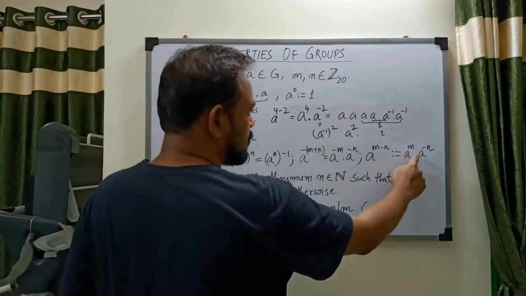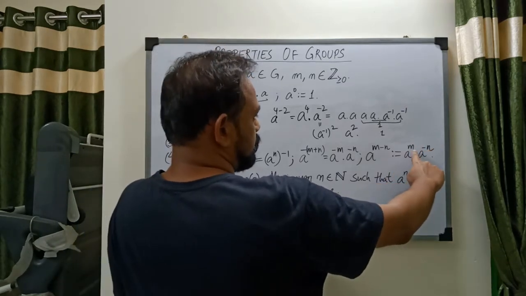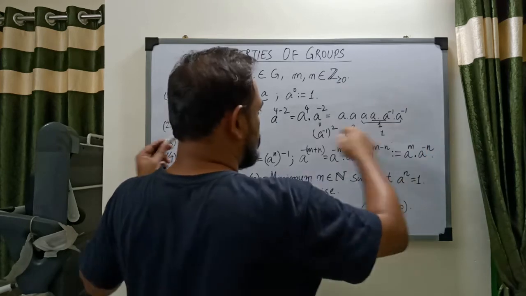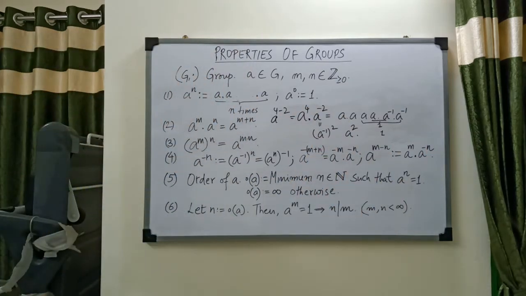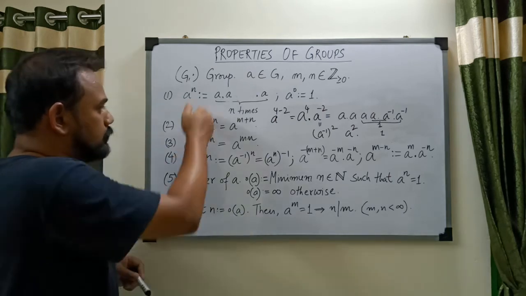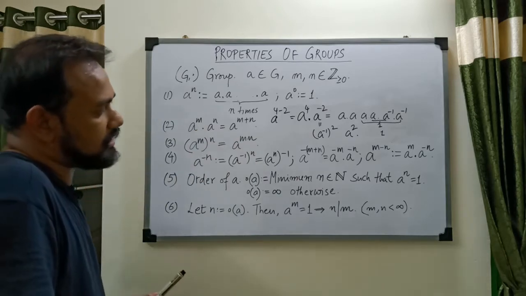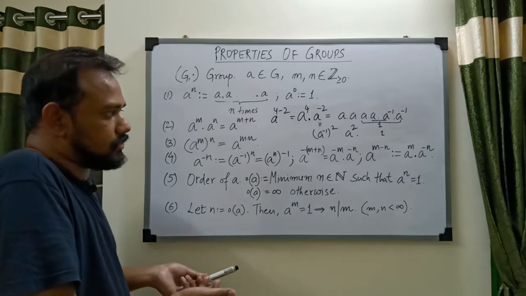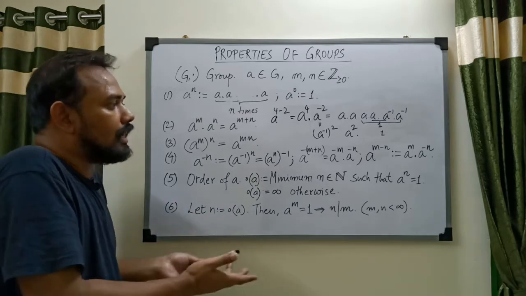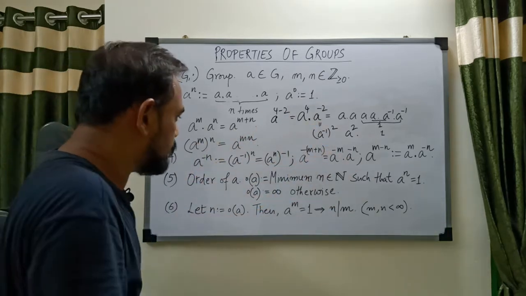So you can see that A to the m and A to the minus n, if one of them is non-negative and the other one is negative, even then this addition rule just holds. So from 1 to 4, what we have really shown is that the rules for the indices that we have used all our life are actually true in this most general setting of a group as well.